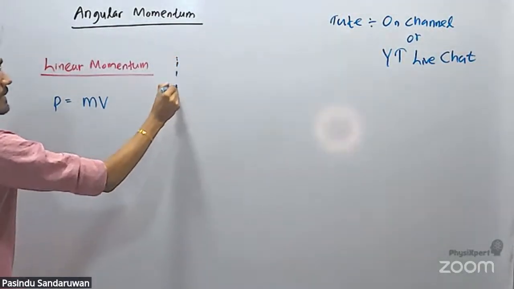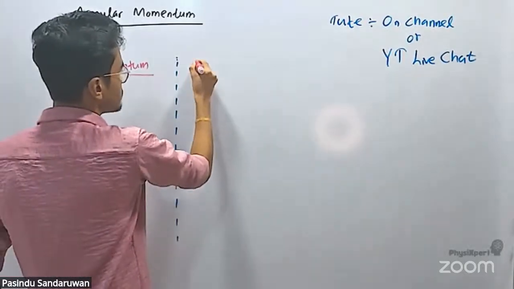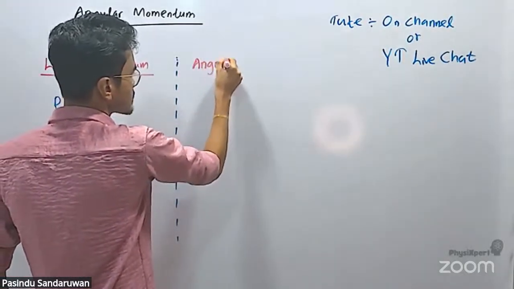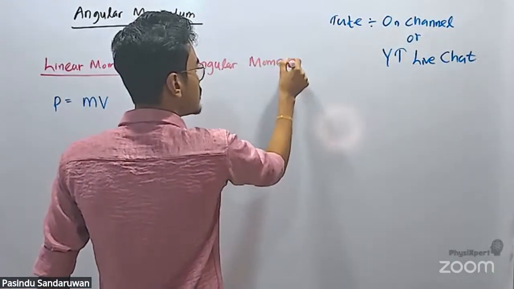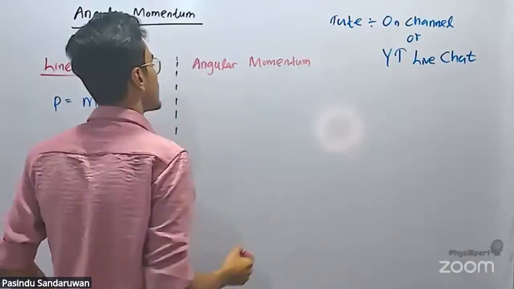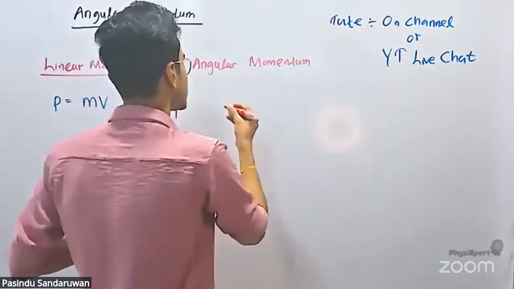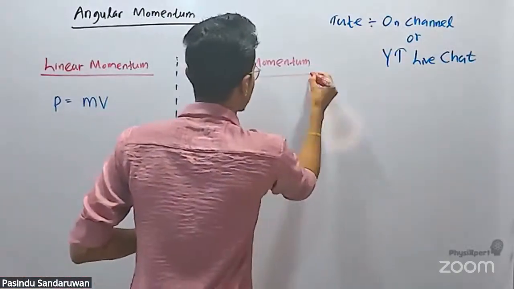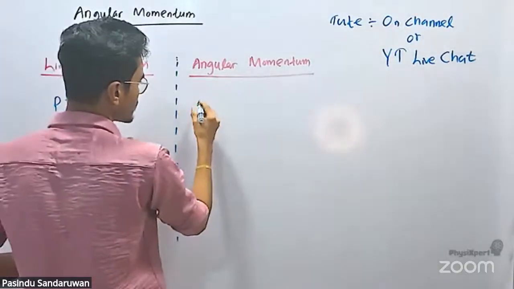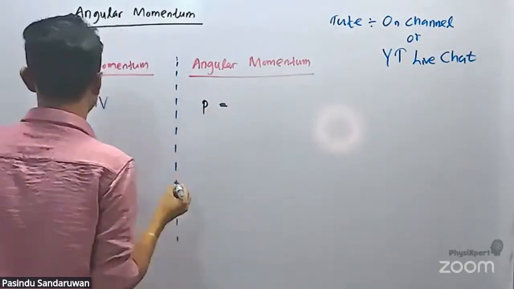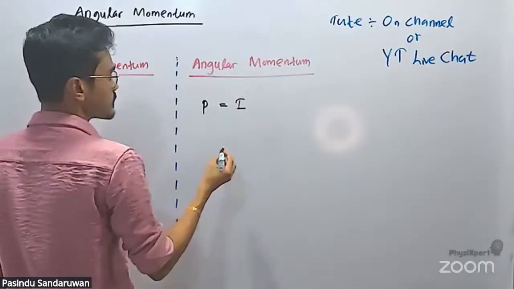Now, if I compare this with angular momentum, look at the board. About the conversions we discussed on the first day of rotational motion, if angular momentum is p, instead of m we have I here in angular motion, and instead of v we have omega.